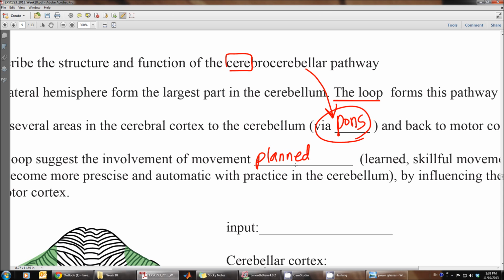So you can imagine this pathway will light up before the movement, while the spinocerebellar pathway will light up during the movement.